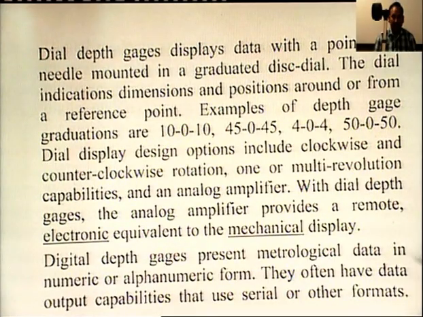Dial display design options include clockwise and counter-clockwise rotations, one or multi-revolution capabilities and an analog amplifier. With dial depth gauge, the analog amplifier provides a remote electronic equivalent to the mechanical display.